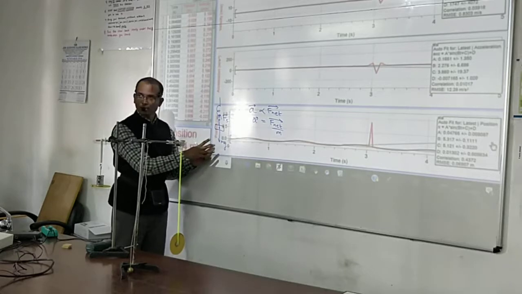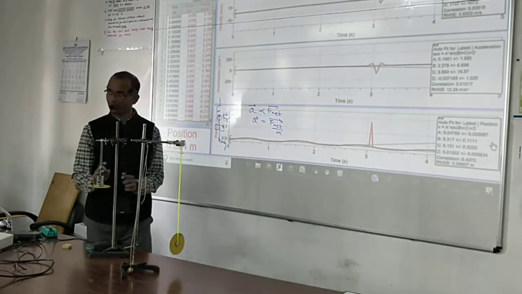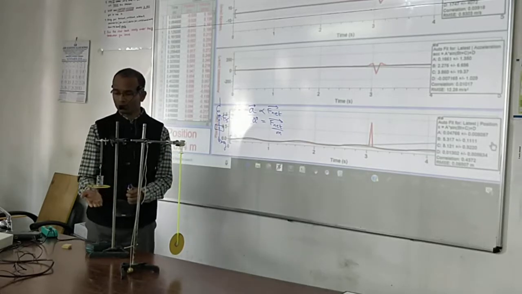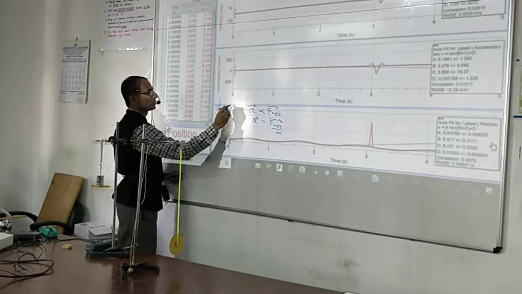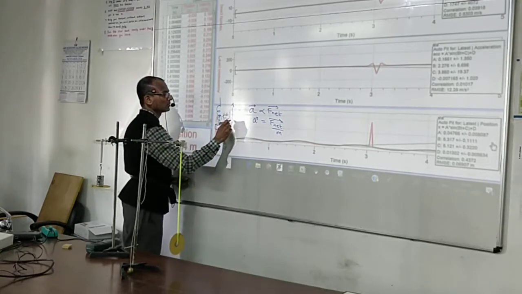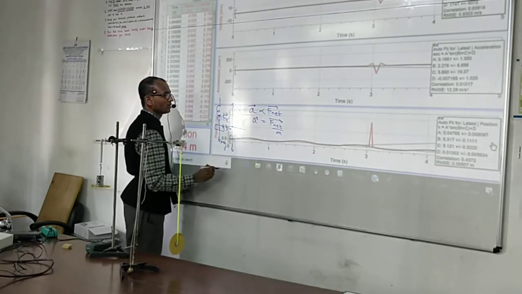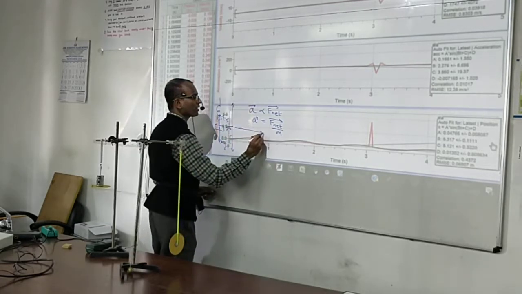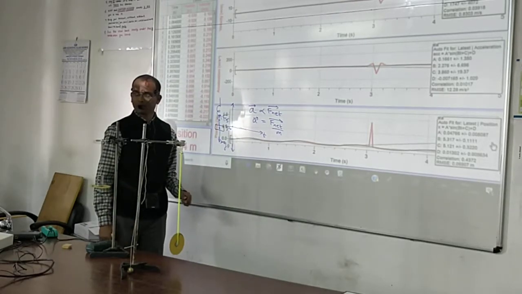Both are equal, cancelling out, so net force is 0. So this is the equilibrium position. Now I am going to call this the 0 position. This is the y-axis, so this is y equals 0, and this will be the time axis. Right now it is at the 0 position on the y-axis.